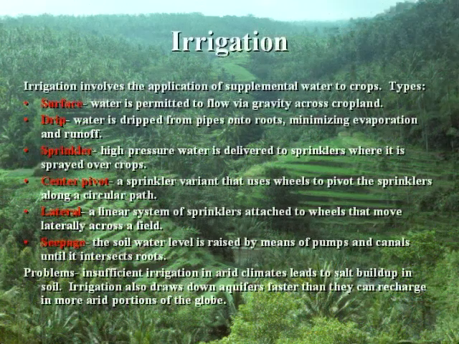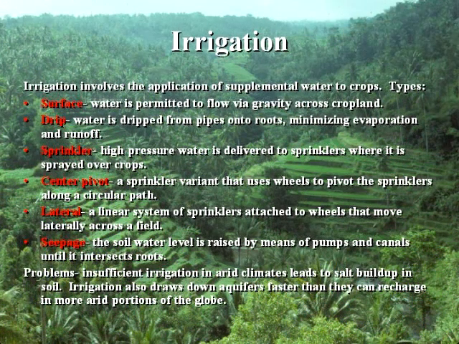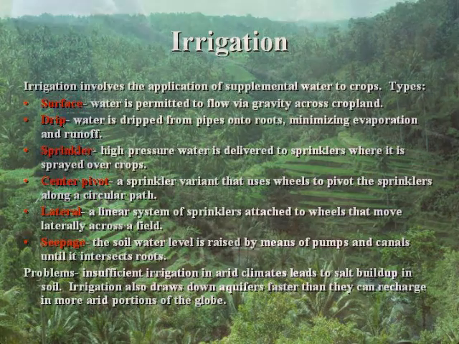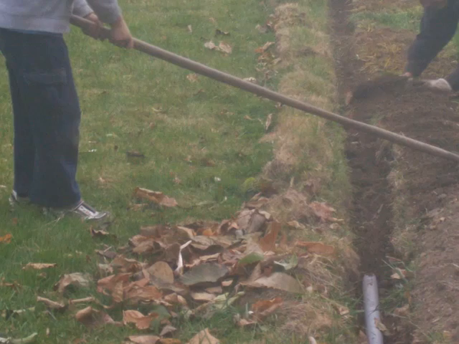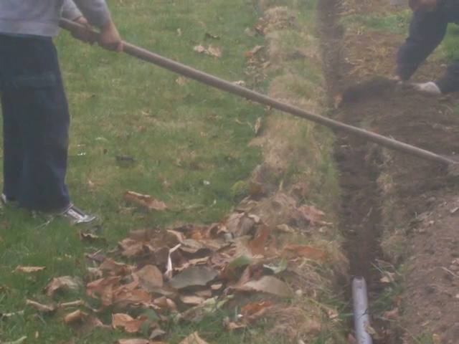To summarize some of these irrigation techniques, let's take a look at this slide here. Surface irrigation would be one where water is permitted to flow via gravity across cropland, much like you see in this Balinese rice paddy terrace system. Drip irrigation, you have water drip from pipes onto roots, which minimizes evaporation and runoff.